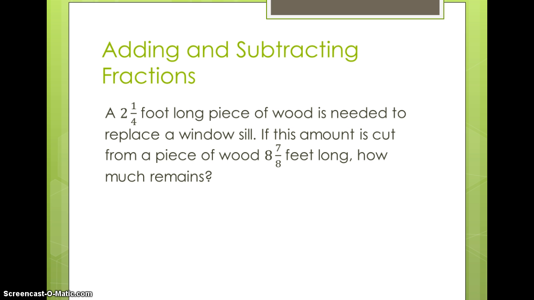All right, if you use the correct strategies, you circled your number and boxed the label. Circle the number and box the label. Highlight the question, which is how much remains.